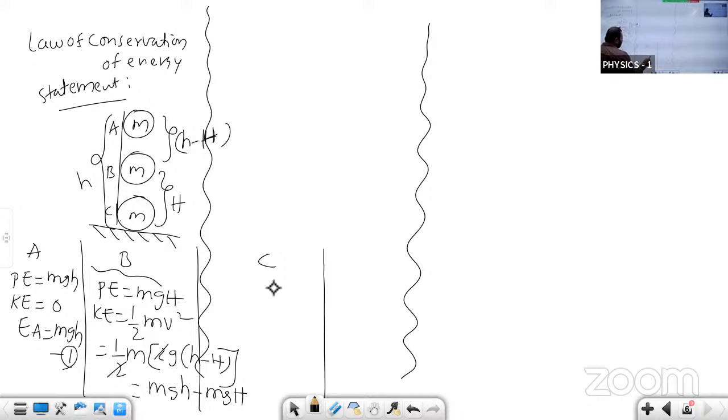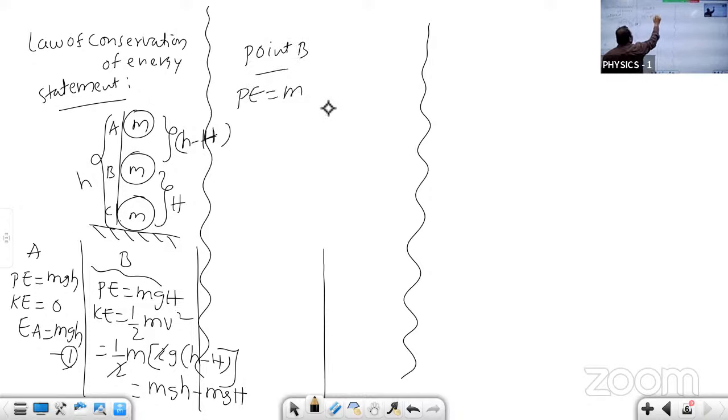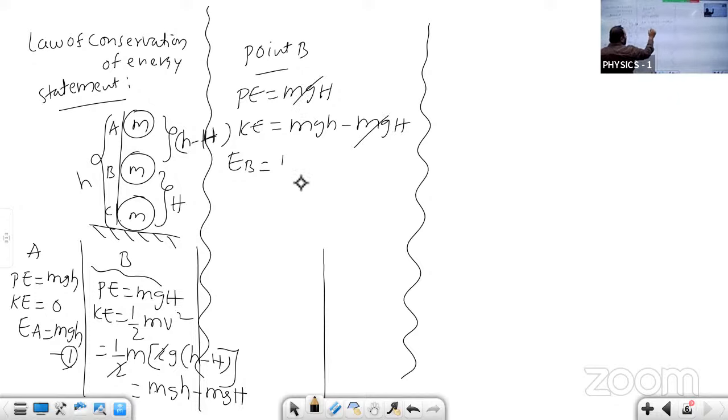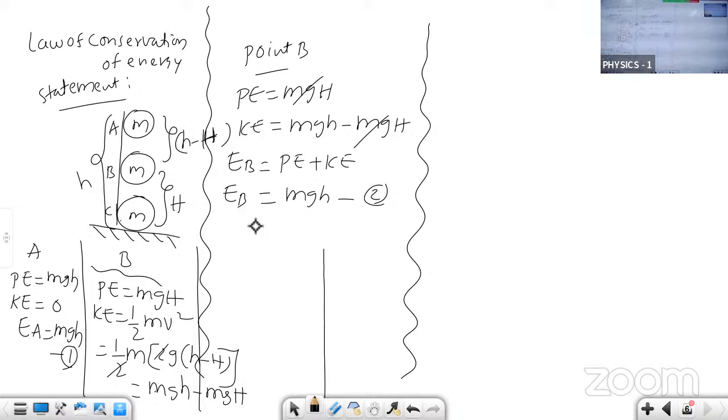So at point B, potential energy is mgH, kinetic energy is mgh minus mgH. Overall energy at B: these terms cancel each other because of potential energy plus kinetic energy. Overall mgh. Equation number 2. This is the energy at point B.